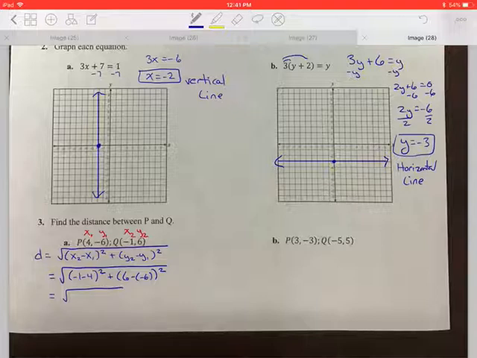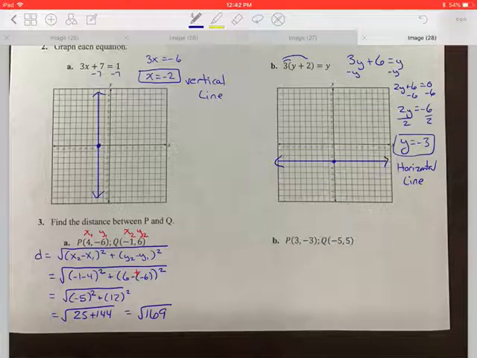So if I clean up my parentheses, I get negative 5 squared, and then 6 minus a negative 6 becomes 6 plus 6, so that's going to give us 12 squared. So I get the square root of 25 plus 144. That comes out to be the square root of 169. Now this one comes out to be a perfect square. You can check it on your calculator if you don't know it, but it comes out to be exactly 13.